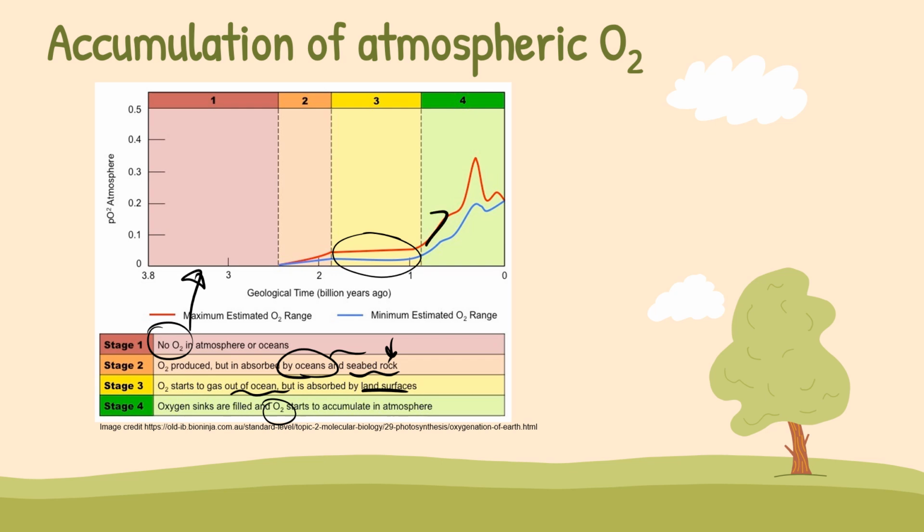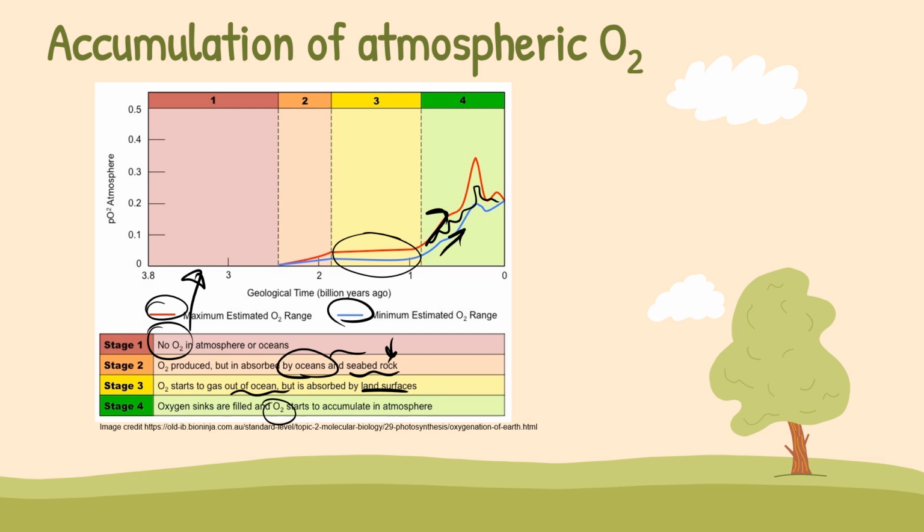And we had this increase in oxygen gas. And because there weren't any humans around with technology able to measure how much oxygen was there, we make a lot of guesses. And so these lines are just showing the most we think could have been there, the least we think could have been there. It's going to be somewhere in between, right?